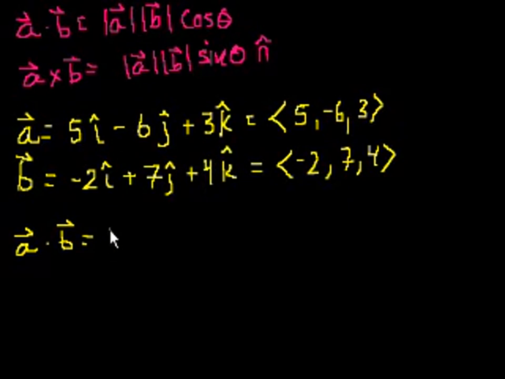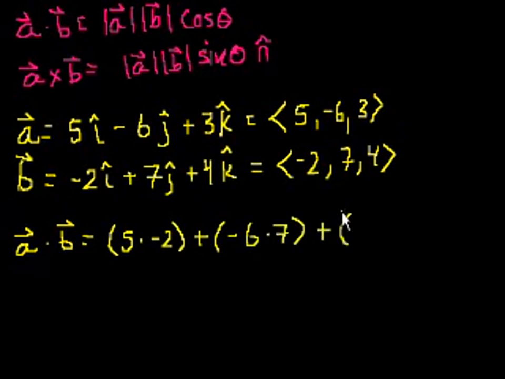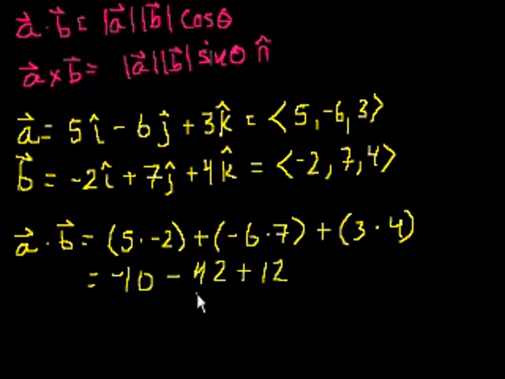So it would be 5 times minus 2, plus minus 6 times 7, plus 3 times 4. So what is this? Minus 10, minus 42, plus 12. So this is minus 52 plus 12. So it equals minus 40.